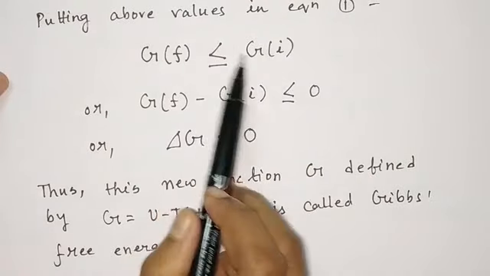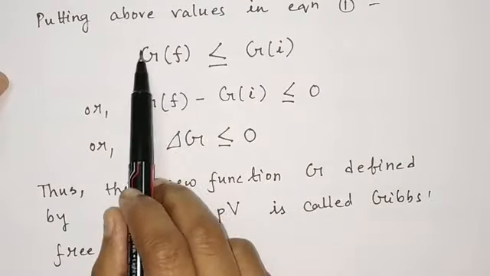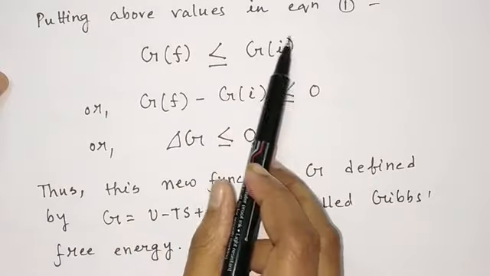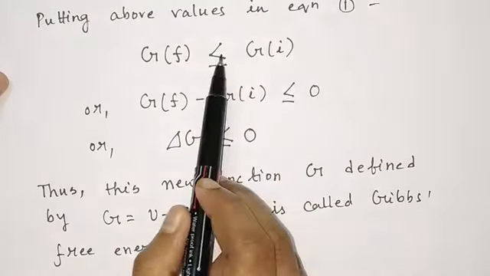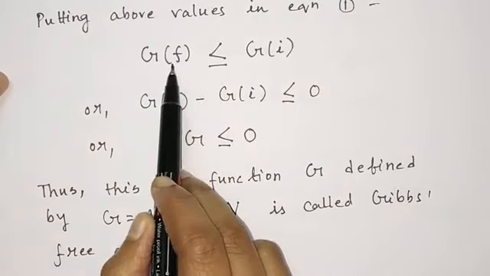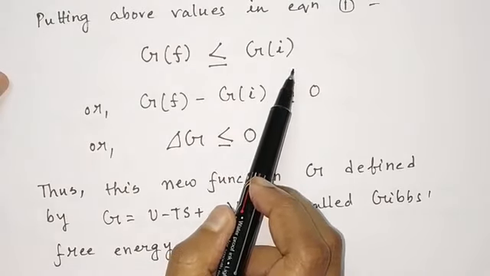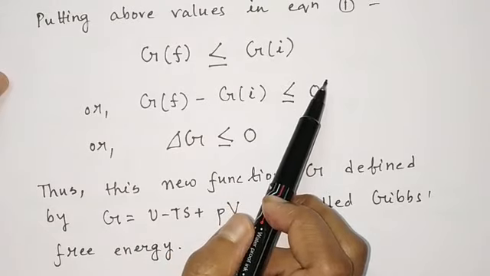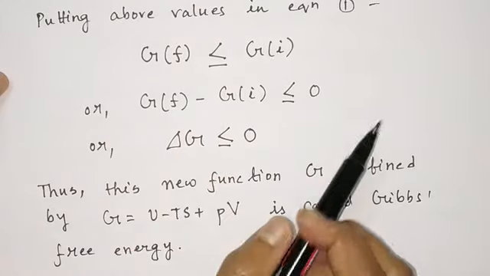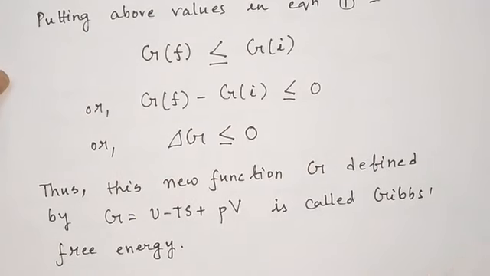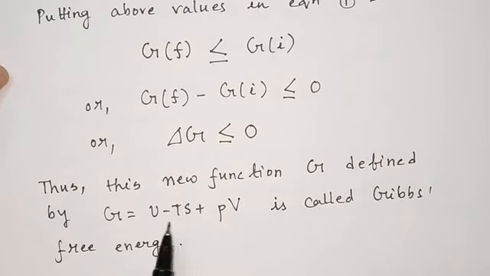The value at the final state is less than its value at the initial state for an irreversible process, and they are equal for a reversible process. That is, for a reversible isothermal and isobaric process, there will be no change in Gibbs free energy, and it is defined by G equals U minus TS plus PV.